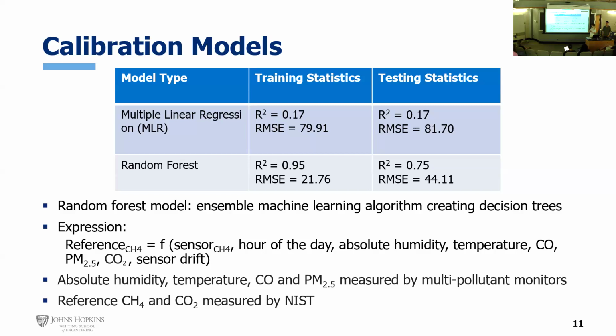The inclusion of absolute humidity, temperature, and carbon monoxide is based on results from previous laboratory evaluations, during which our low-cost methane sensor showed sensitivities to these predictors. The selection of carbon dioxide, PM2.5, and sensor drift is based on R-square and root mean square error. Including these predictors in our calibration model significantly increases prediction power.